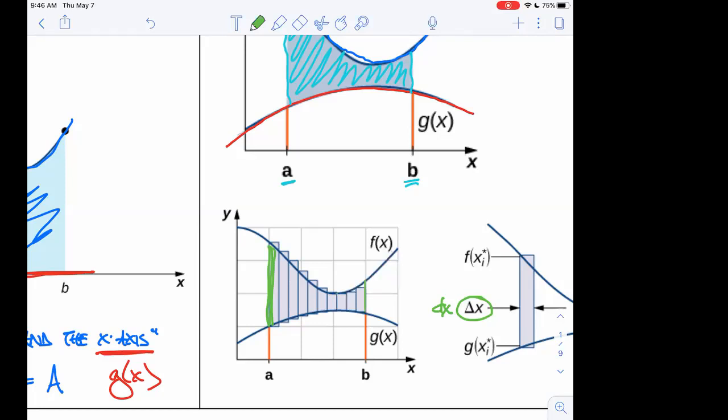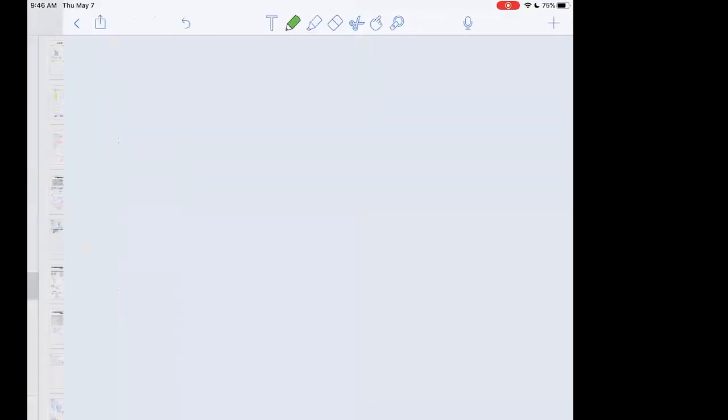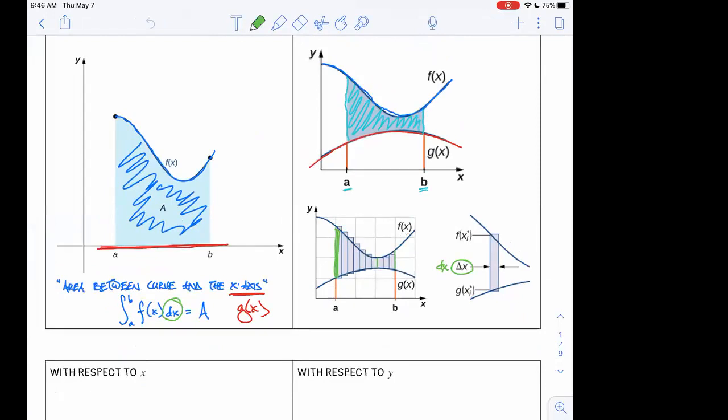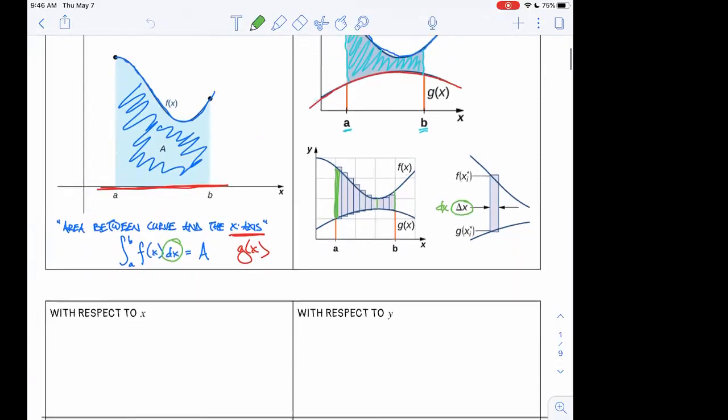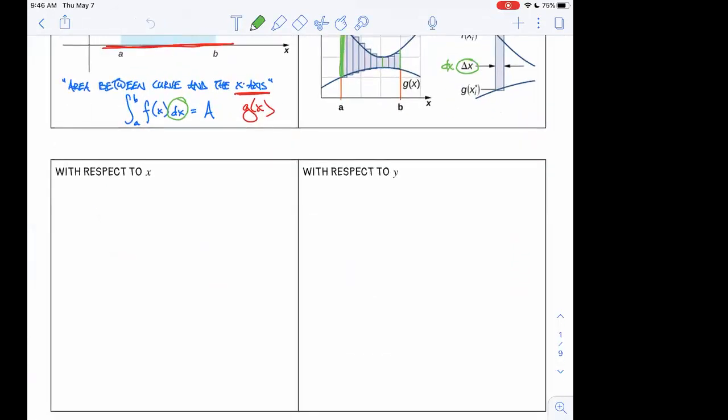That height represents the height of the rectangles, and then the width of the rectangle is just infinitely skinny. So with that concept in mind, let's write down two super important formulas.